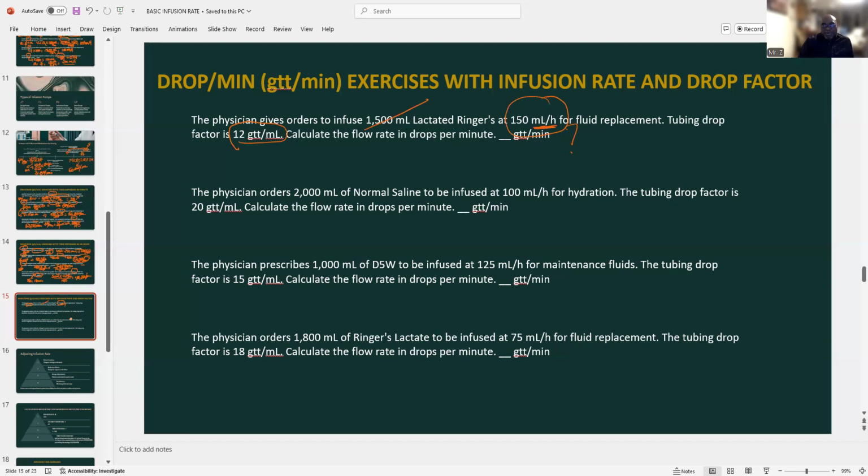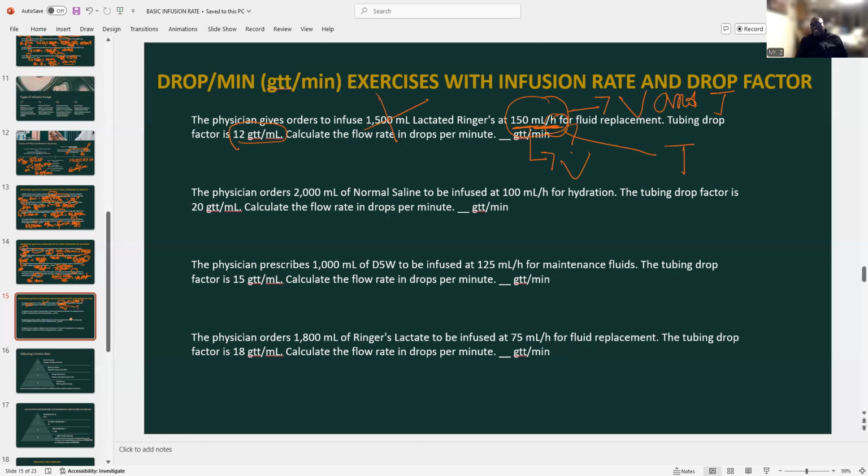You will focus here to extract your volume and your time. The volume is not going to be the 1500 milliliters. No, your volume is going to come from the infusion rate. It means 150 is going to be your volume, and 1 hour right there is going to be your time.